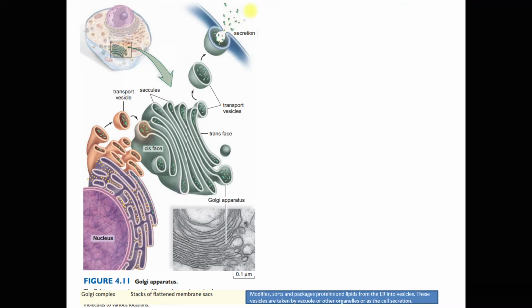All right, so you can see how these lipids from the smooth endoplasmic reticulum exit or leave the smooth endoplasmic reticulum to the Golgi complex or Golgi apparatus. They exit in the form of transport vesicles, not as particles.